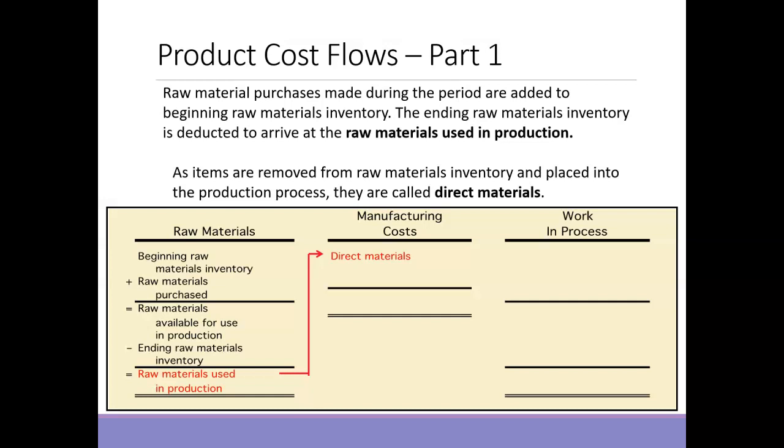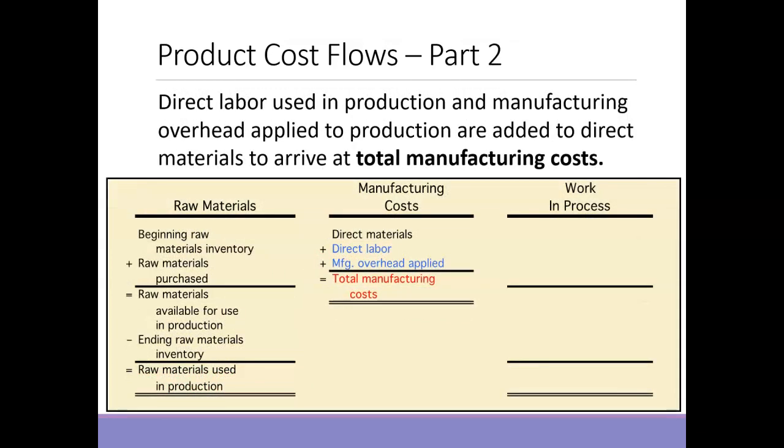As items are removed from raw materials inventory and placed into the production process, they are called direct materials. Okay? Then, direct labor that's being used in production and manufacturing overhead applied to production get added to the direct materials, which then allow us to arrive at total manufacturing costs.